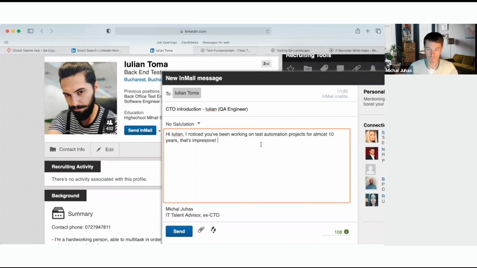That's impressive. And normally I would write something like, a friend of mine is a CTO and looking for someone like you, someone who has been using Selenium WebDriver.